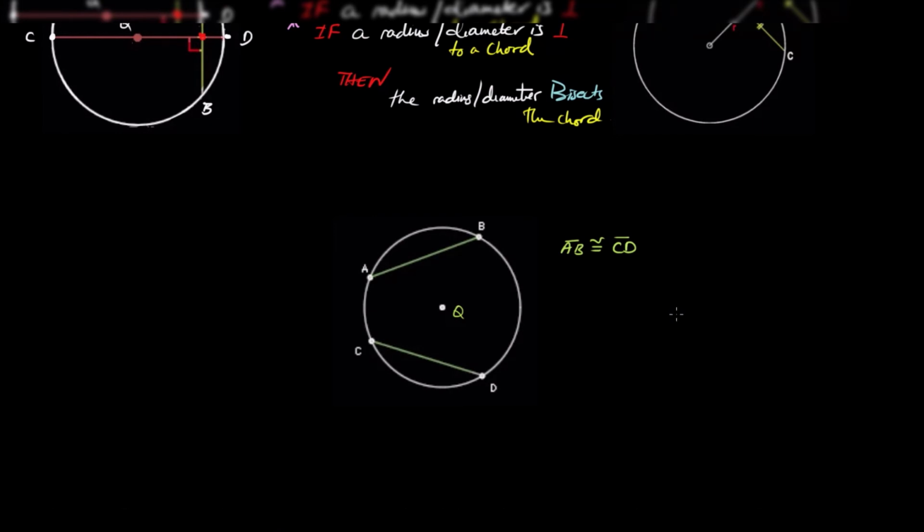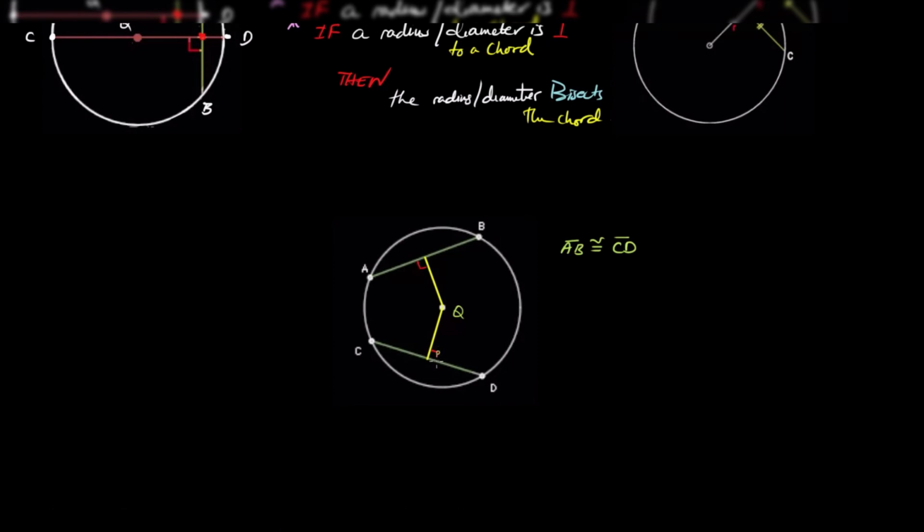Okay, then what can we say about the distance from the center of the circle to these chords? Well, if you remember, the distance from the center of a circle to a chord is measured by the perpendicular distance. That is, you draw this distance perpendicularly here. That's how you always measure distance, the perpendicular from a point to a line, like this.